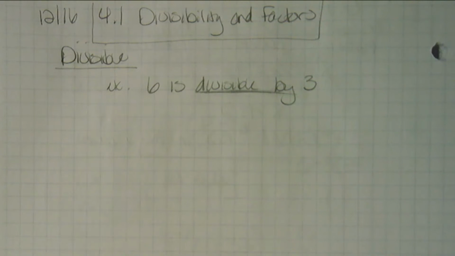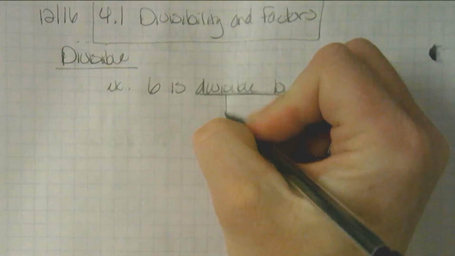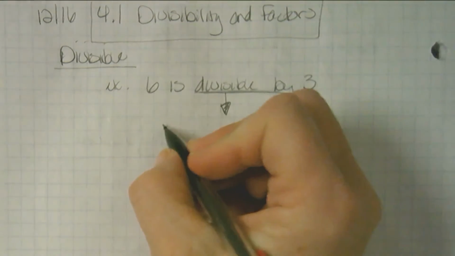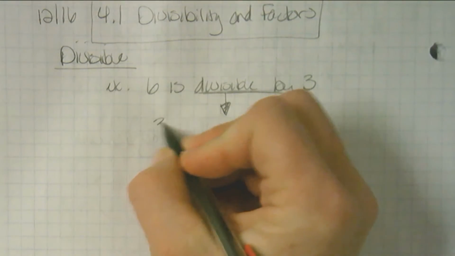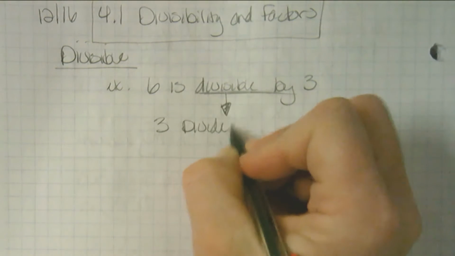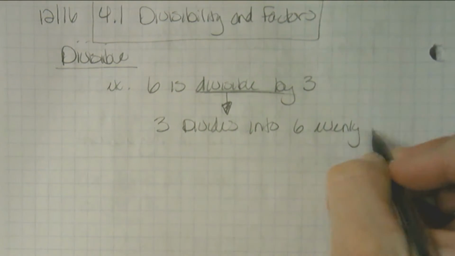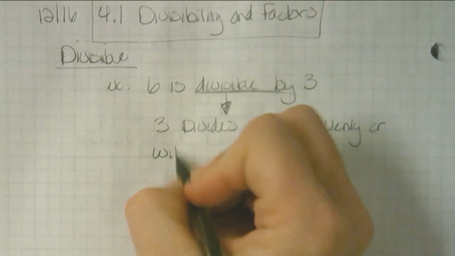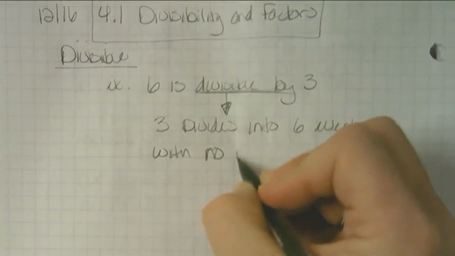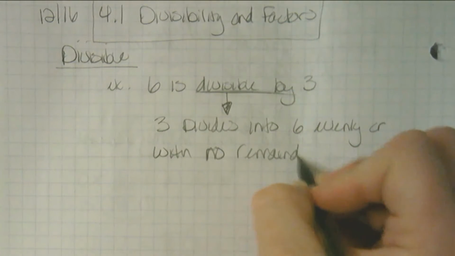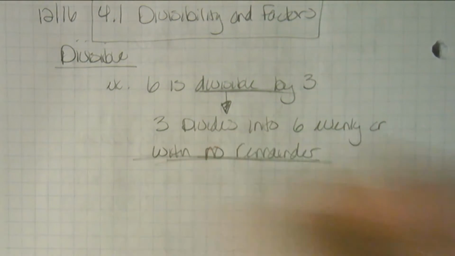Pardon me? Evenly or without remainder, right? So divisible by means that, in this instance, 3 divides into 6 evenly or with no remainder. That's really what it means. With no remainder.